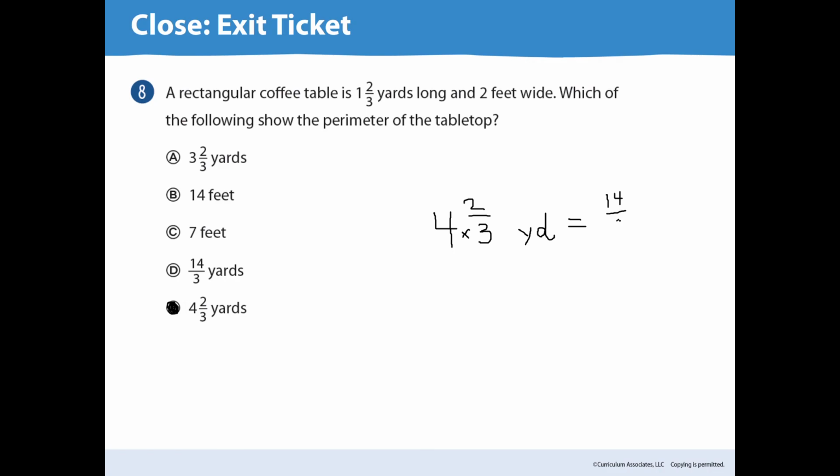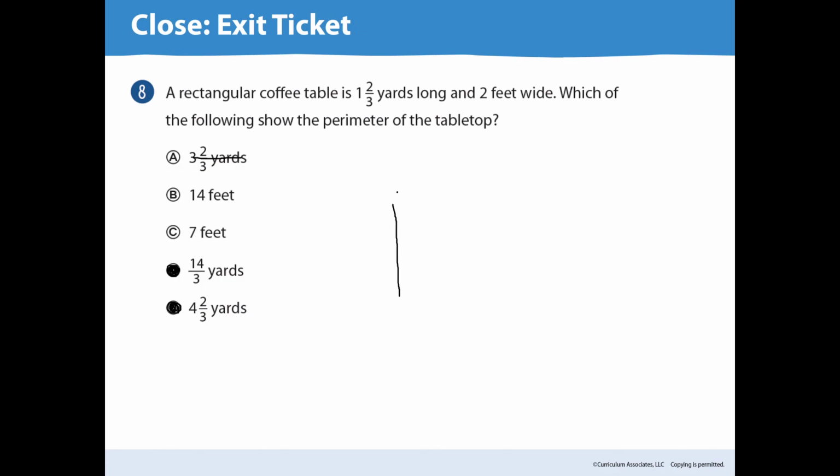So my suspicions were correct, and D works as well. Okay, let's try something else and see if one of these other ones works. I know that 3 2/3 yards does not work because it can't be 4 2/3 and 3 2/3. So I'm going to just cross this one out. So we have either 14 feet or 7 feet.